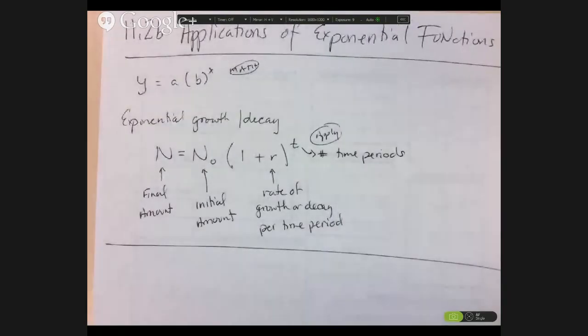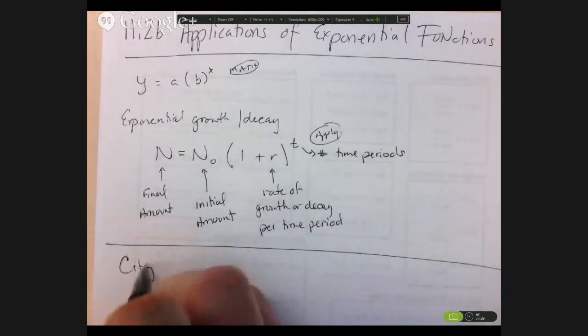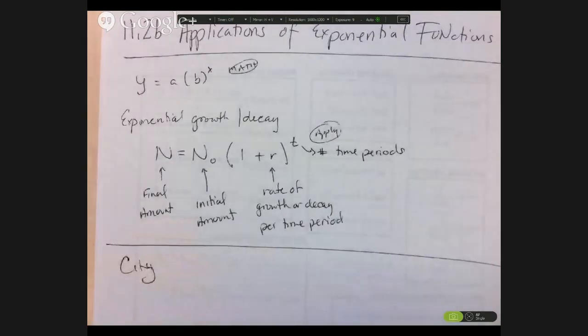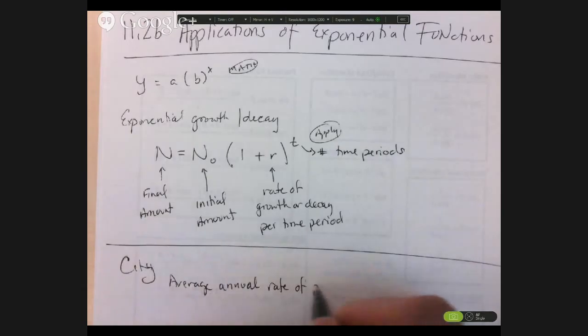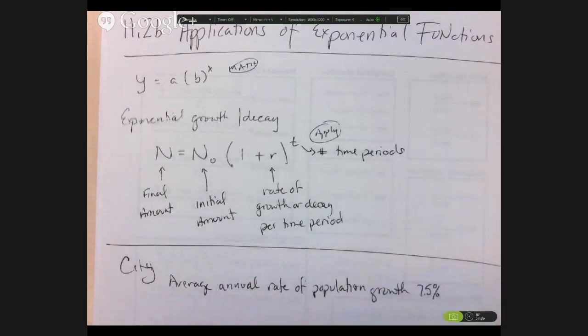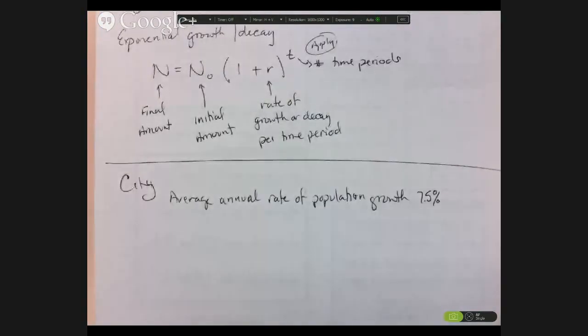The example I have here is just a city, so it's kind of boring. So let's consider a city with an average annual rate of population growth (7.5%). No, this is not Parachute.